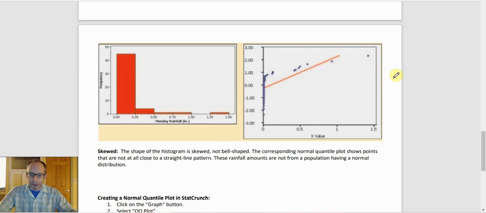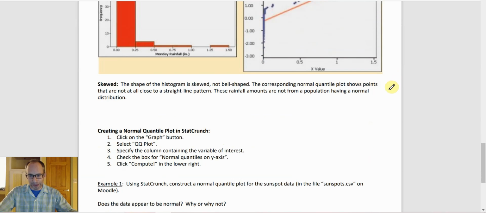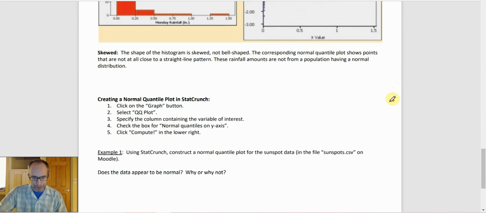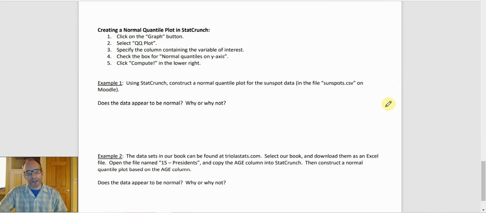All right, so how do you do this in StatCrunch? I guess that would be the big question. What you want is, if you go to the graph button, there's something called QQ-plot. So it's maybe not what you'd necessarily expect it to be called, because I think you expect it to be called maybe normal quantile plot. That would be kind of natural.